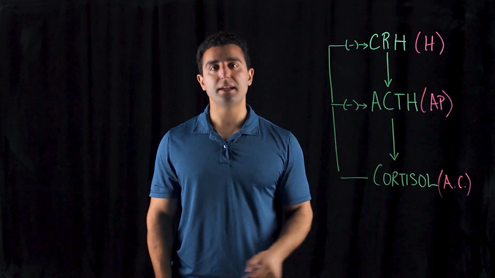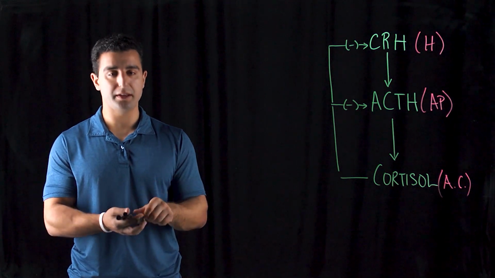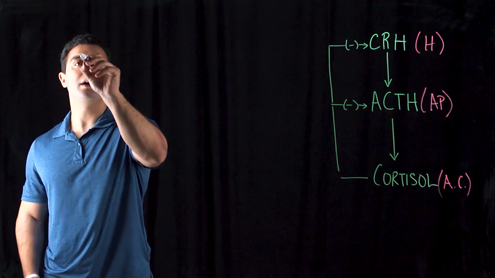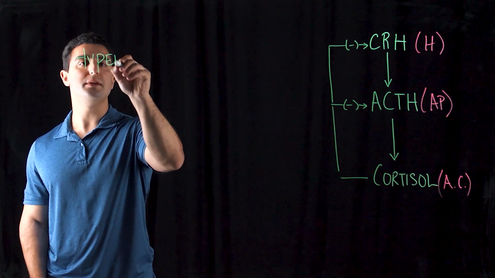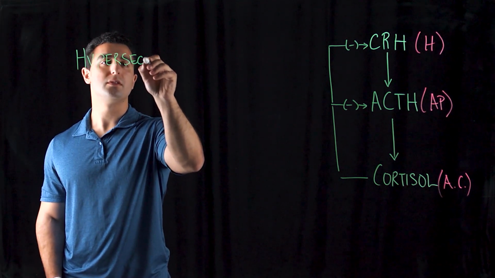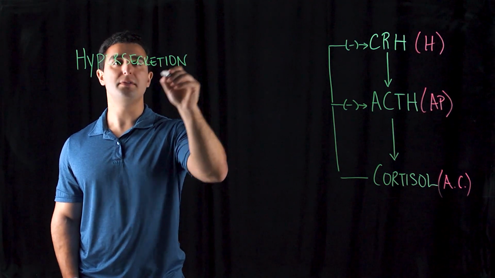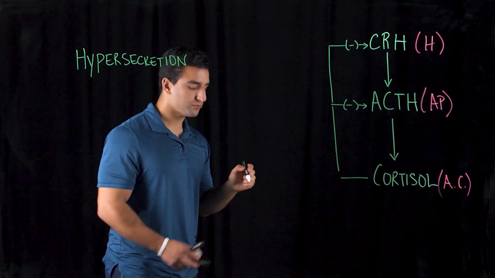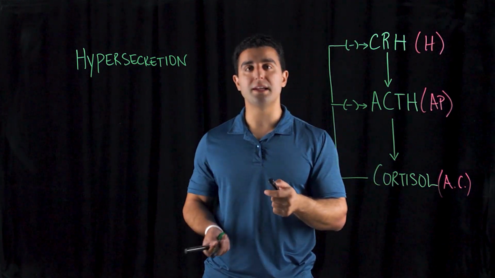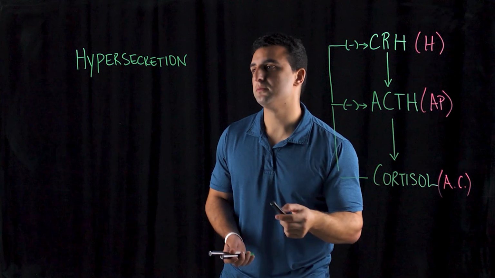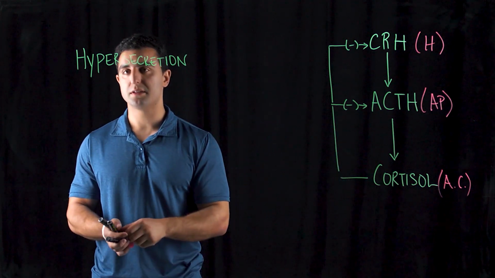And so when you have homeostatic imbalances, when we talked about before, we have hypersecretions and hyposecretions, right? So hypersecretion means what? Hypersecretion means you make too much. And what is hyposecretion? Too little. So an example of a hypersecretion, we talk about the homeostatic imbalances of cortisol, right, is a disease called Cushing's disease.